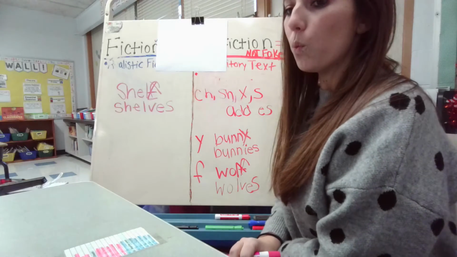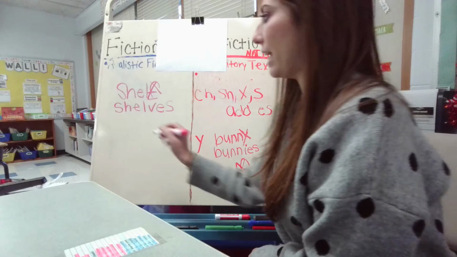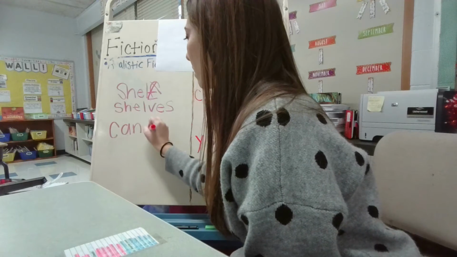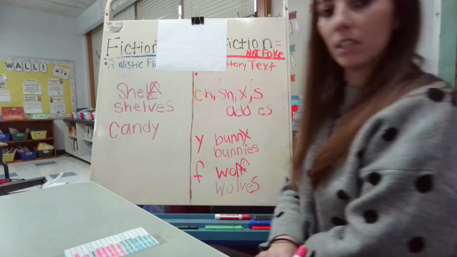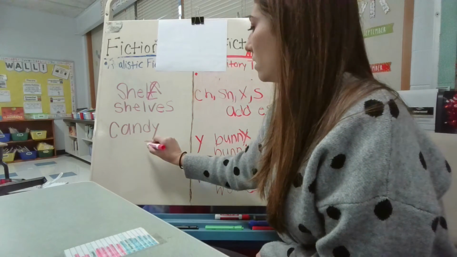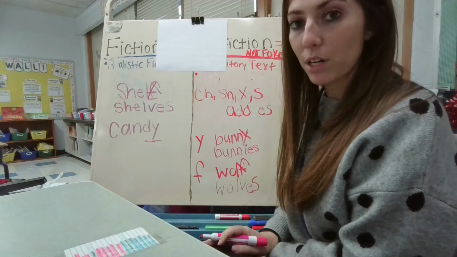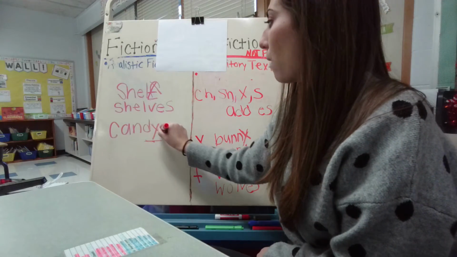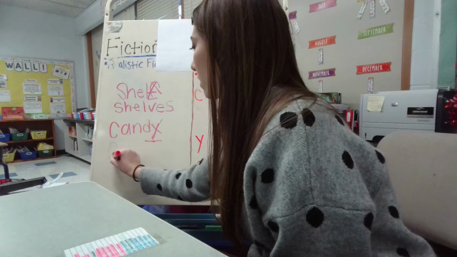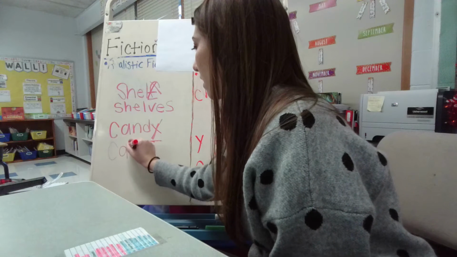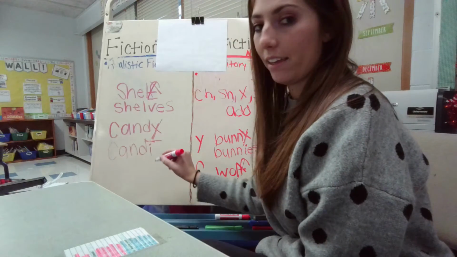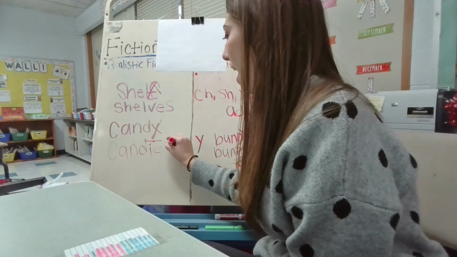All right. What about the word candy? Candy ends in a Y. I'm going to change my Y to an I, and add ES.